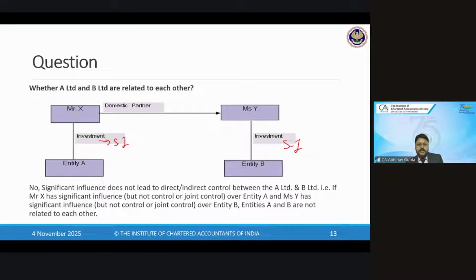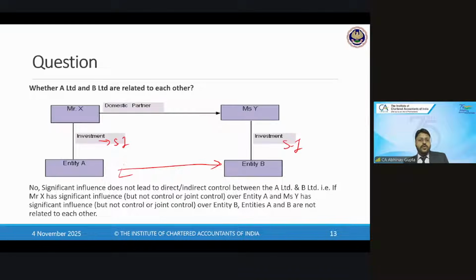Now the question is whether A and B are related to each other. The answer is no. Why? Because neither X is controlling A nor Y is controlling B, right? They only have SI in those entities.